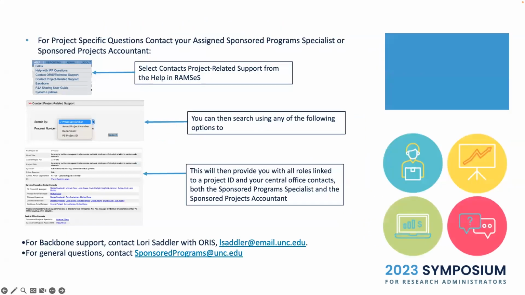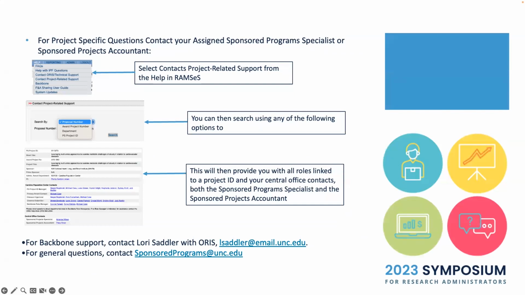Okay, so as far as resources go, the biggest resource for you when it comes to individual questions about a specific award is typically the assigned sponsored program specialist or the sponsored projects accountant.